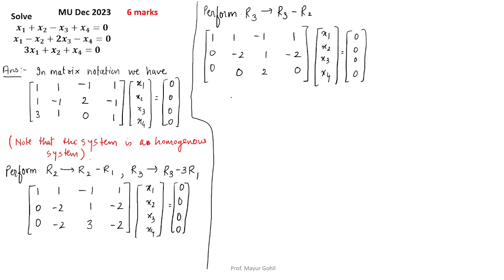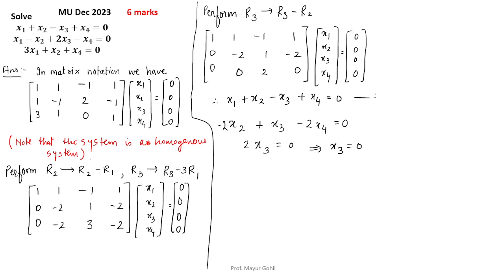So finally we have x1 plus x2 minus x3 plus x4 equal to 0. Then we have minus 2x2 plus x3 minus 2x4 equal to 0, and 2x3 equal to 0. On simplification we get that x3 is definitely equal to 0.